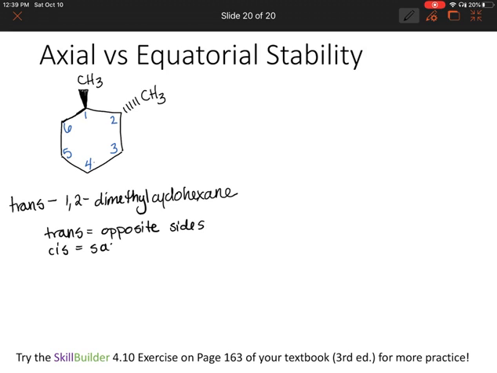So that means same side. Okay, so since we have two methyl groups that are pointing in opposite directions, we call that trans 1,2-dimethylcyclohexane.